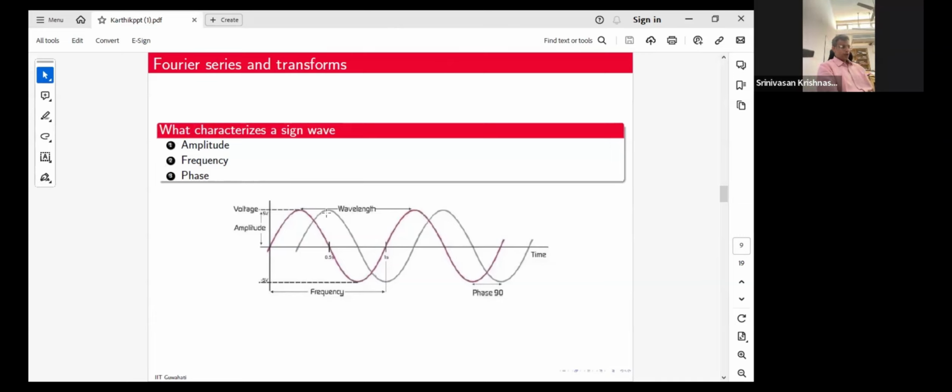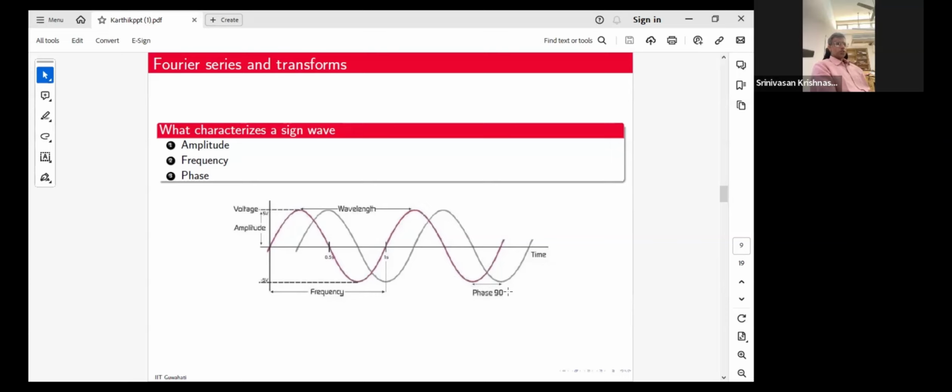If you see this, you have the wavelength, which is like a proxy for the frequency. You have the voltage, which is the amplitude, and you have a phase. You see the two signals here have a phase shift of 90 degrees between each other.